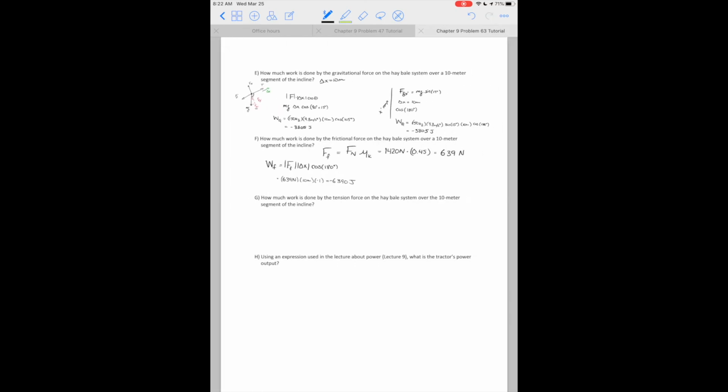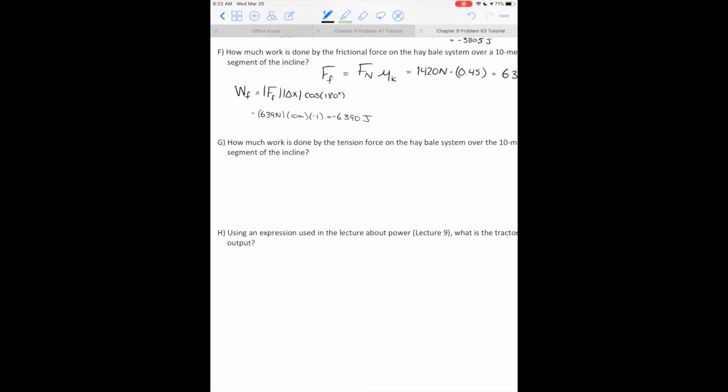Flash forward over here, I need to have the work done by tension plus the work done by friction plus the work done by gravity to all equal 0 when I add them up. So the work done by tension should be negative the work done by friction plus the work done by gravity. It's negative because all of this stuff is negative, the friction and the gravity work.